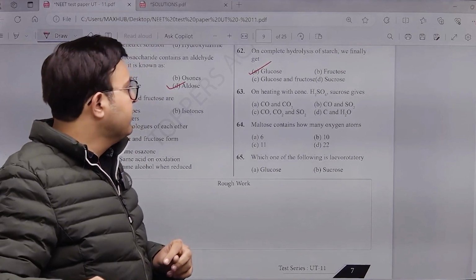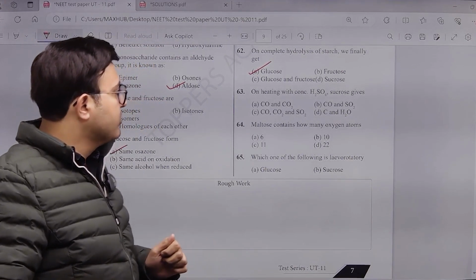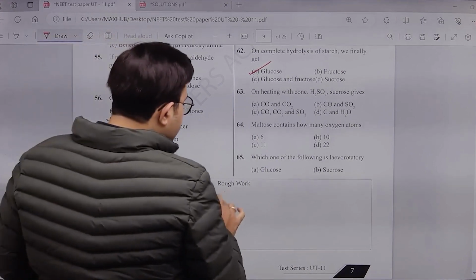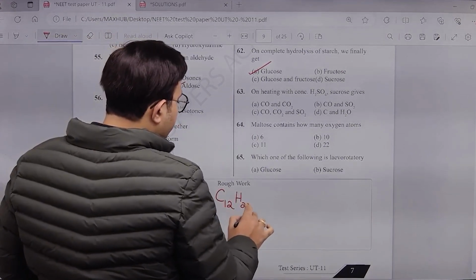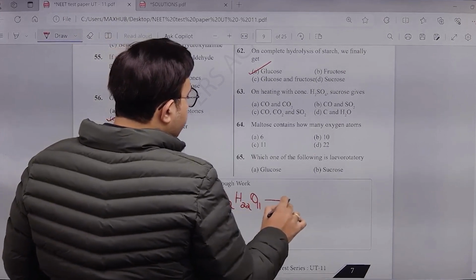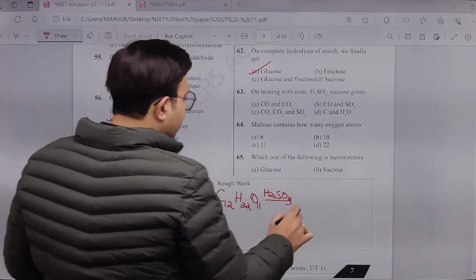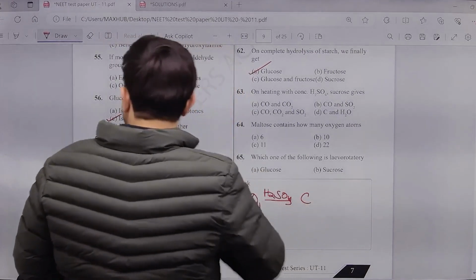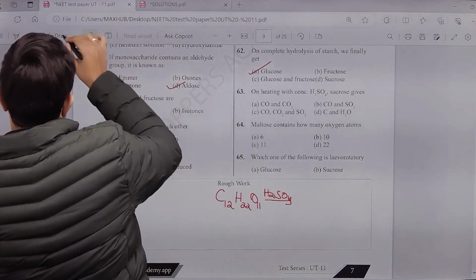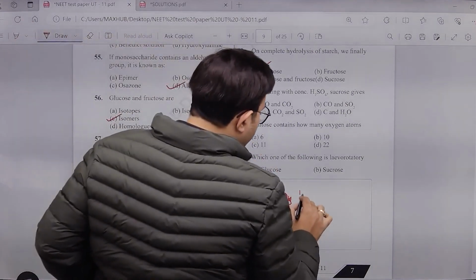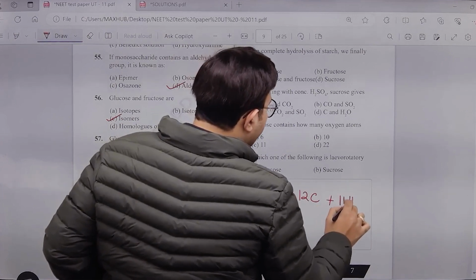Next question is, on heating with concentrated H2SO4, sucrose gives. So sucrose is C12H22O11. When you react it with H2SO4, what do you get? You get 12 carbon atoms plus 11 molecules of water.